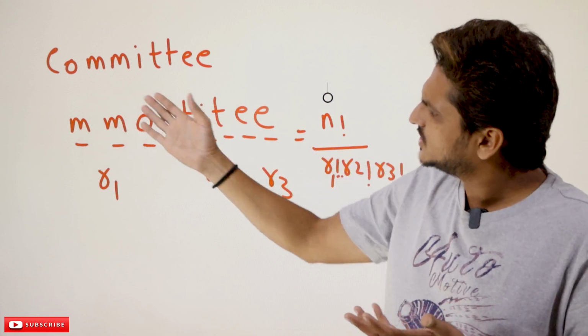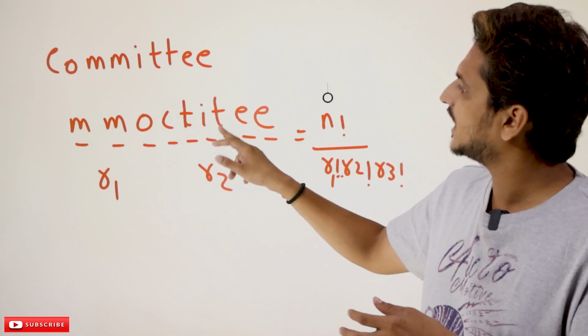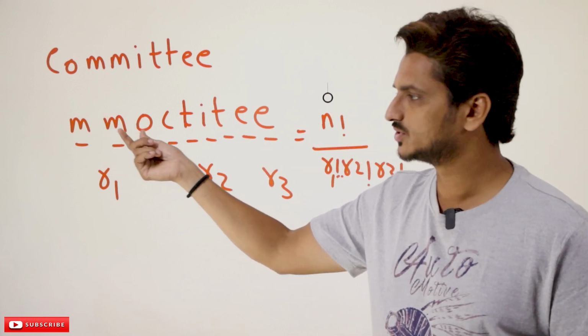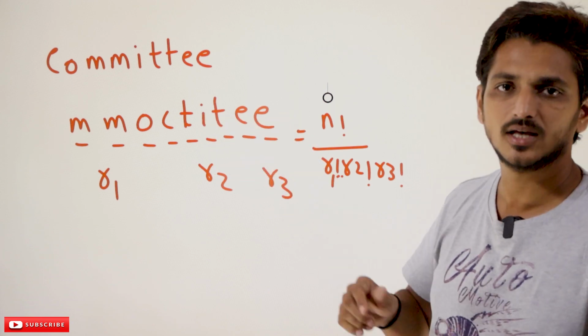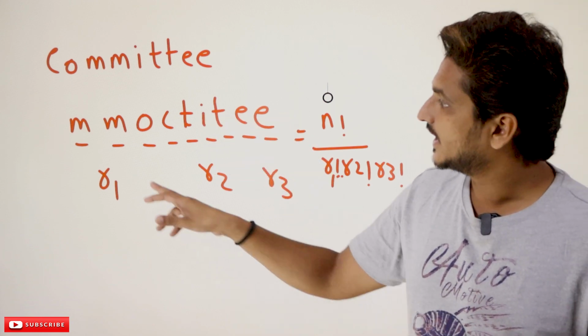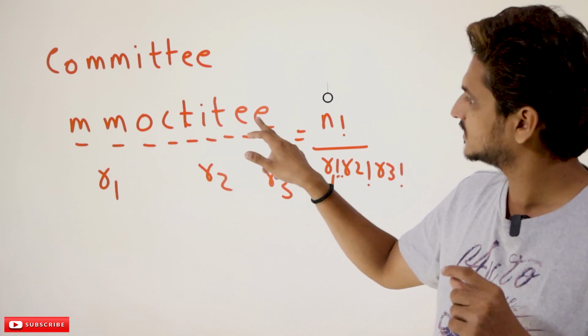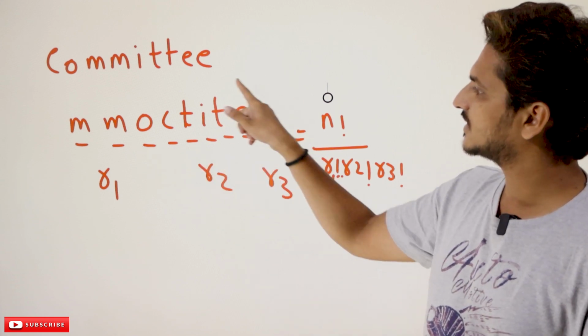This is one of the arrangements we can make: M-M-O-C-T-I-T-E-E. If you change MM, there is no change. If you change TT, there is no change. If you change EE, there is no change. M is repeated 2 times, T is repeated 2 times, E is repeated 2 times.